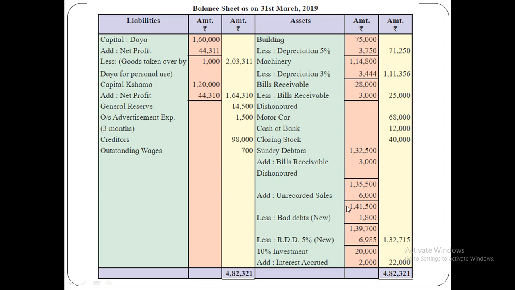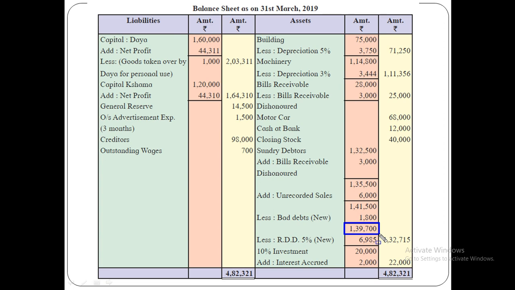Now we know that we have sundry debtors of rupees 1,41,500, less bad debts of rupees 1800 as given in the adjustment. And now the new figure of sundry debtors is rupees 1,39,700. So this is the new sundry debtors figure, and according to adjustment number 5, maintain RDD of 5%.